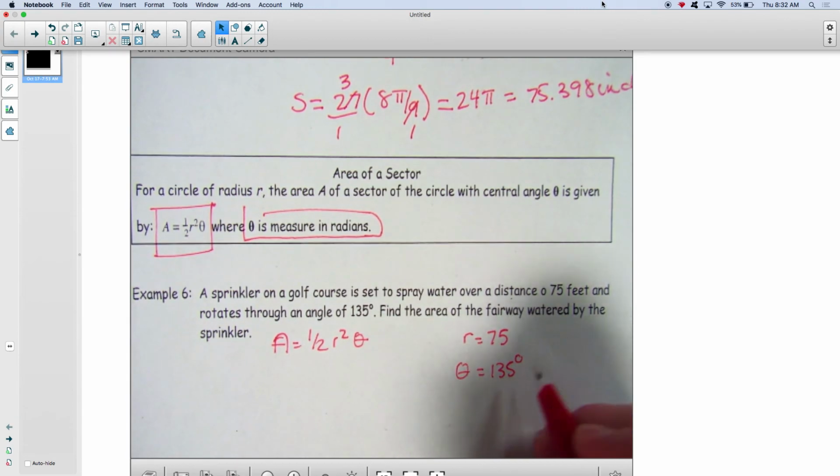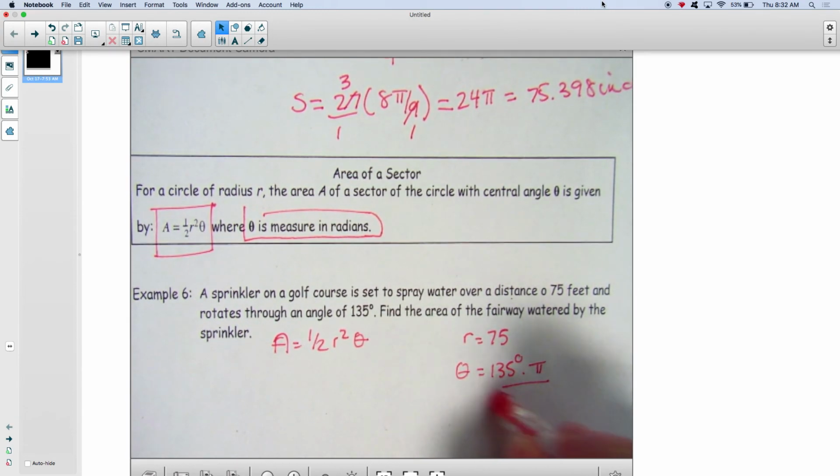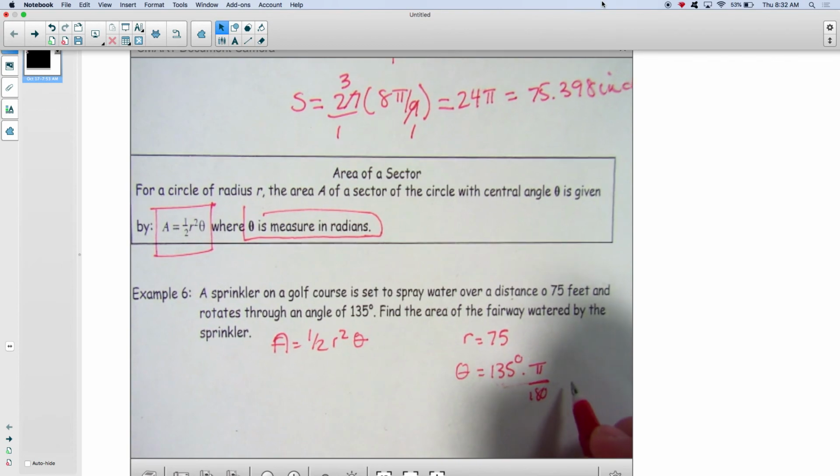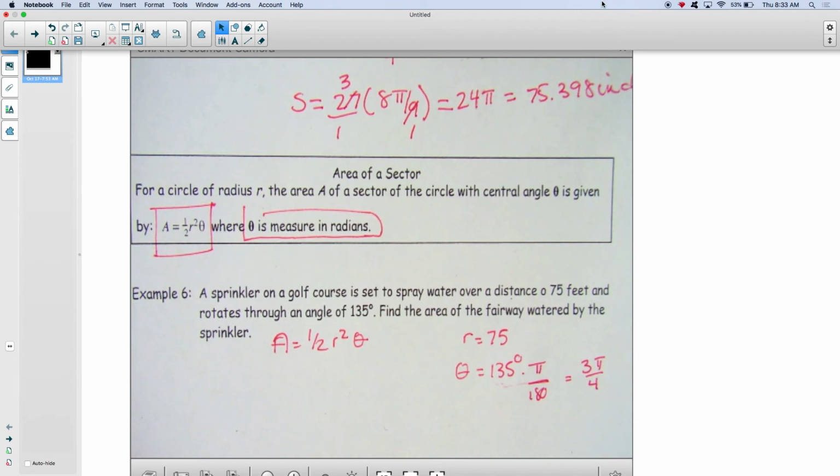Nope, this needs to get converted into radians. 135 reduces to 3 pi over 4. Put that into your calculator and see what you get.